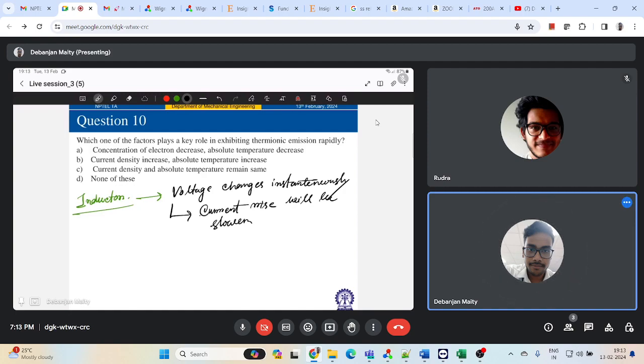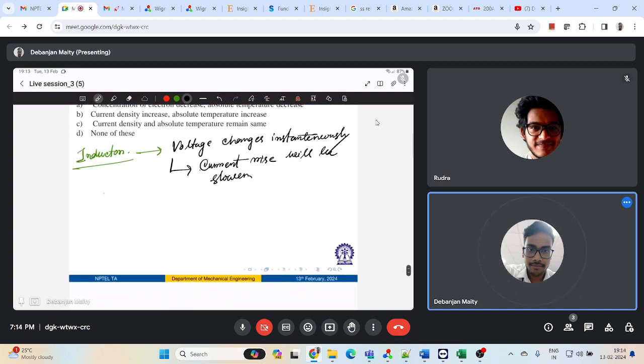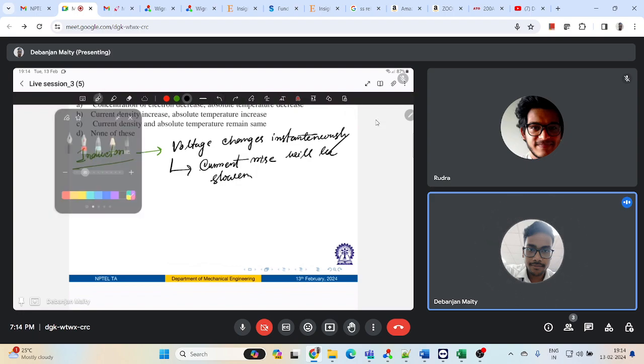Now, in a pulse mode power supply, you can think of it as some kind of DC power source in pulsing mode, right? So, if we try to understand, let me reduce this.